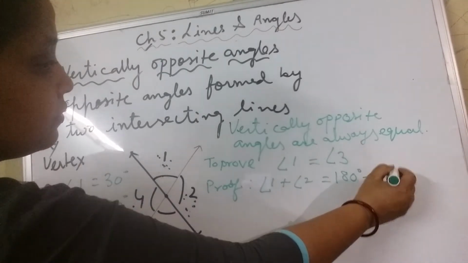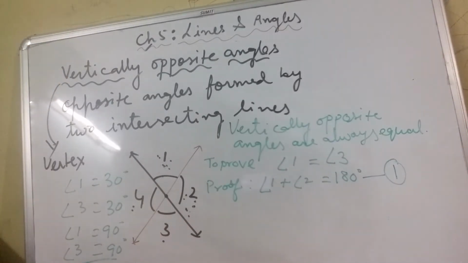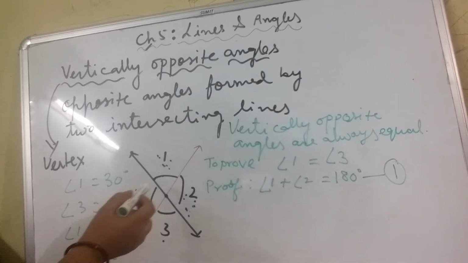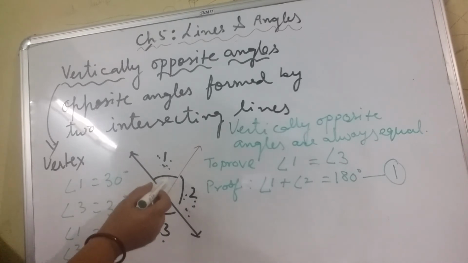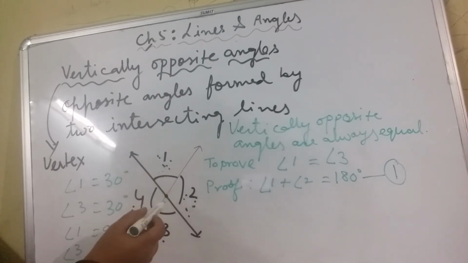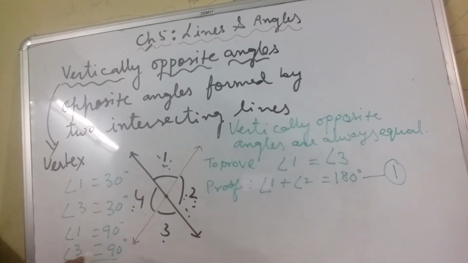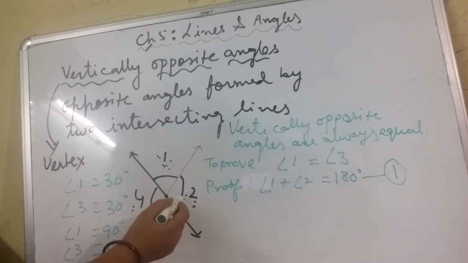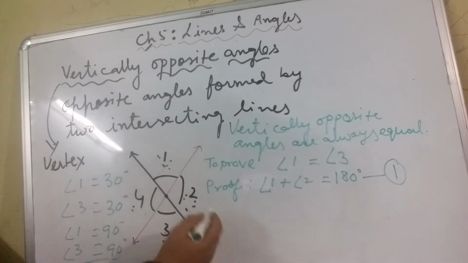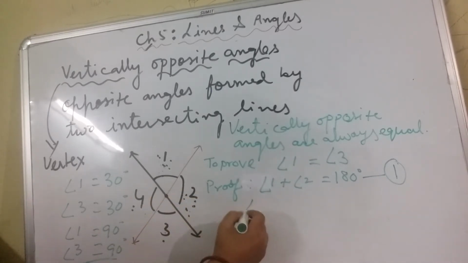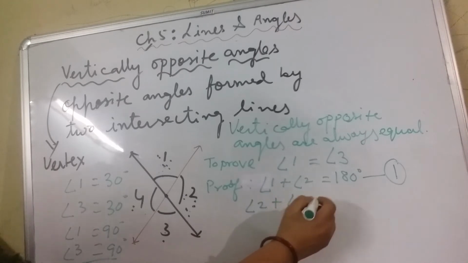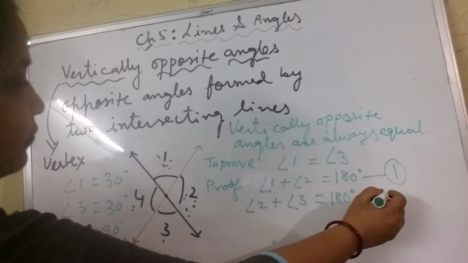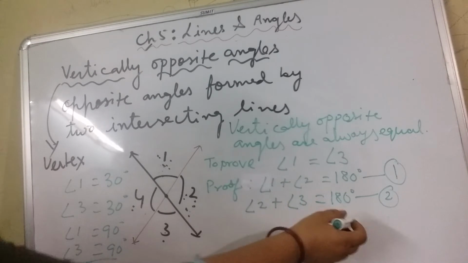That is one equation you will get, and another equation is angle 1 and angle 4, they are also 180 degrees. Now angle 2 and angle 3 are also a linear pair and they are 180 degrees. You will get these equations.